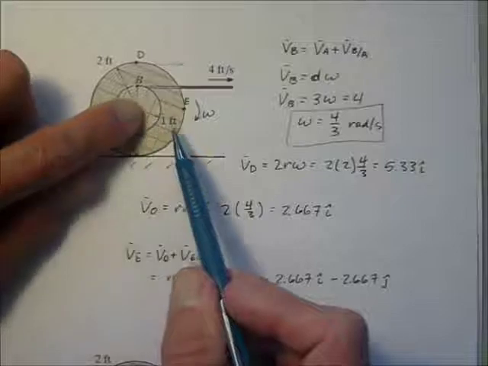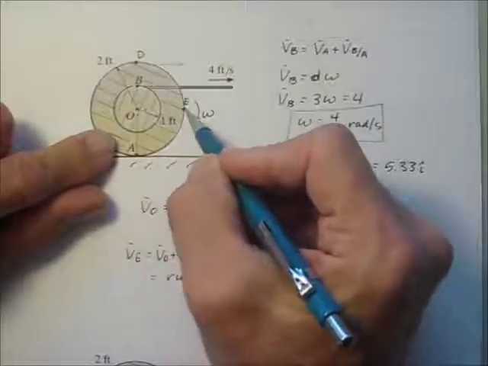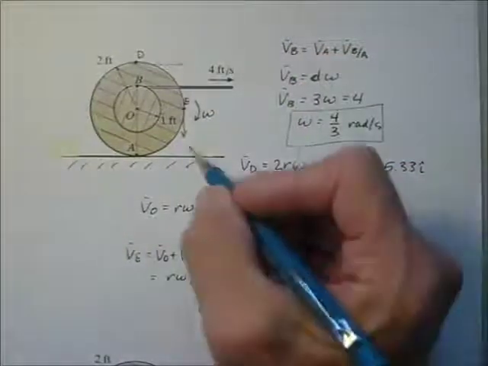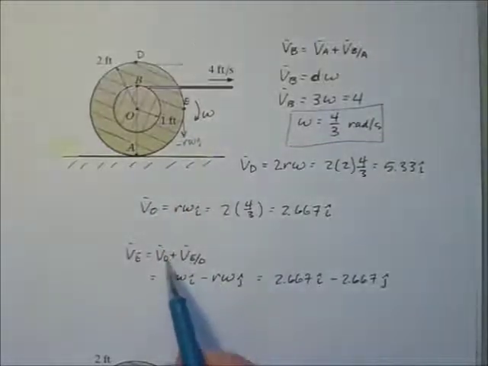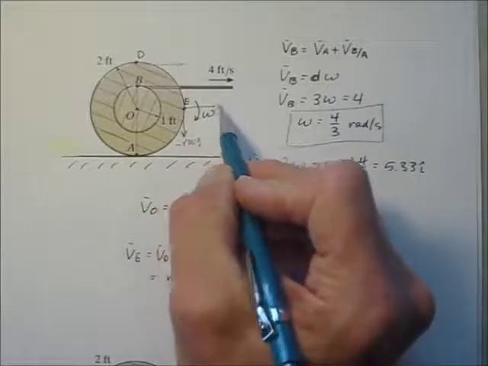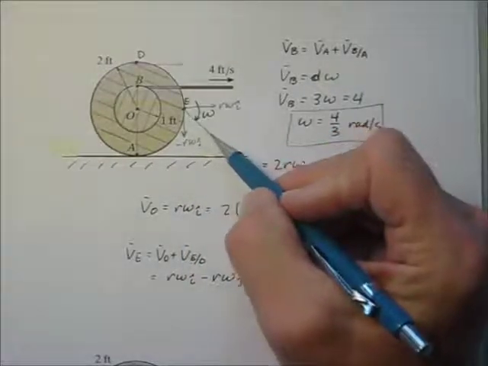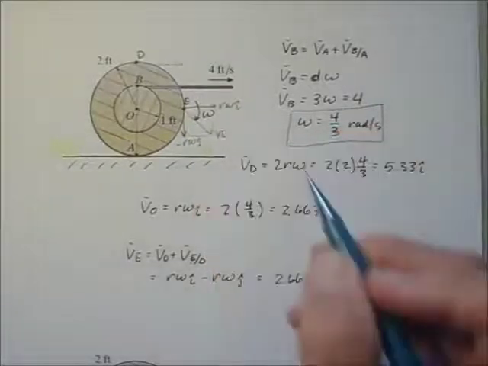If I'm standing on O, what does the velocity of E look like? Well, we know that there's an R going in this direction, so it's going to have an R omega term in that direction. So this is going to be minus R omega in the J direction. It's got a velocity of O of positive R omega in the I direction, and those two components put together through the vector sum is the actual velocity of E.